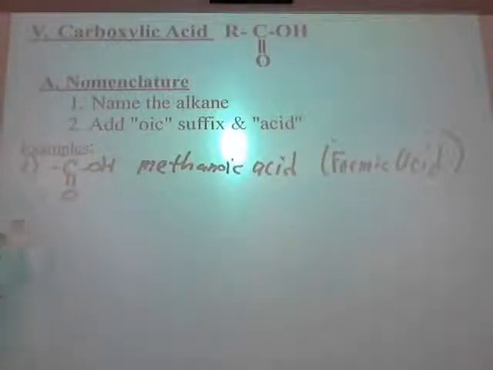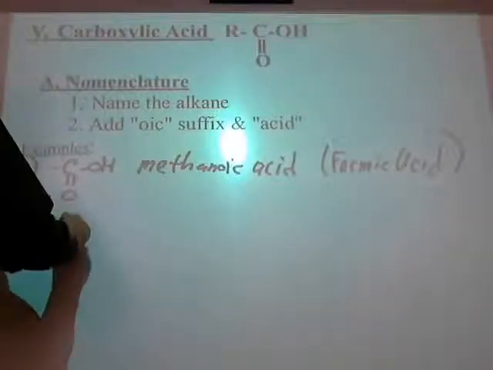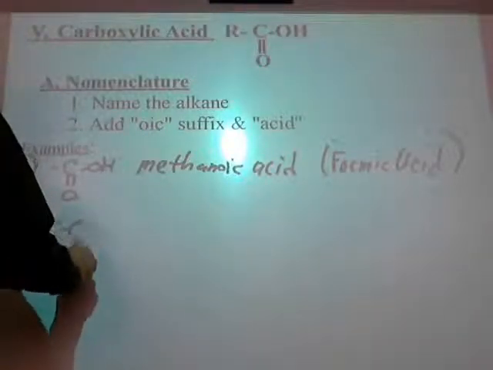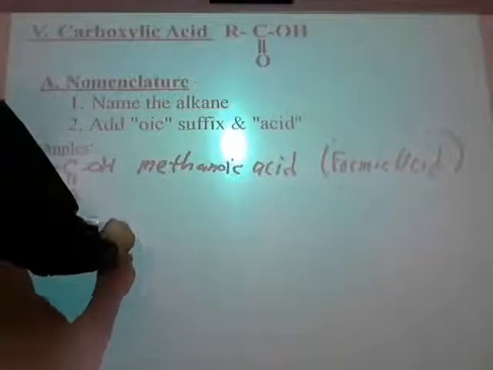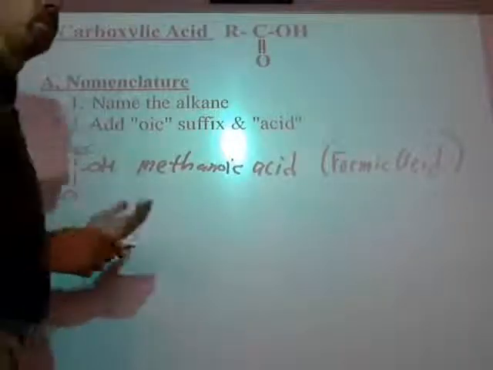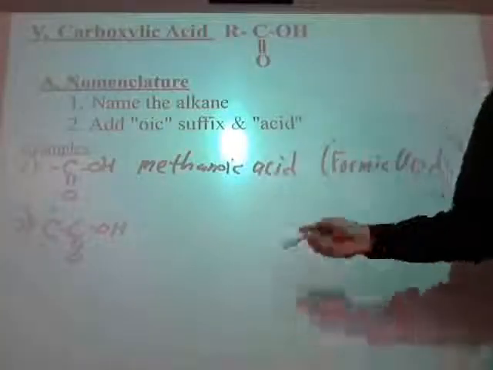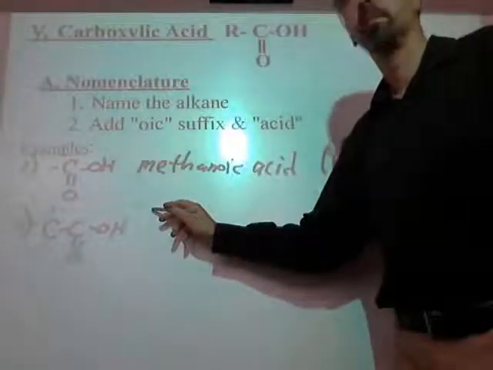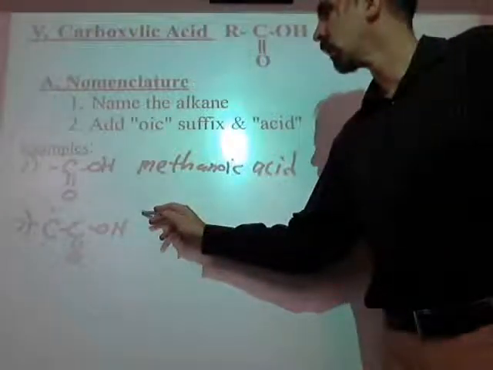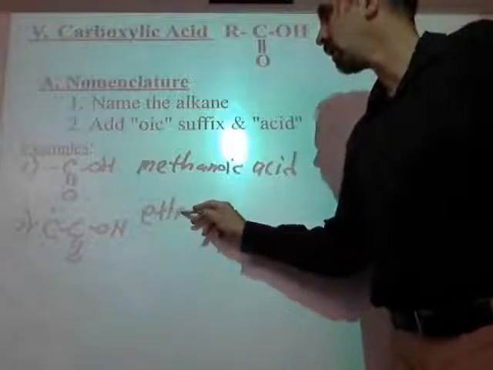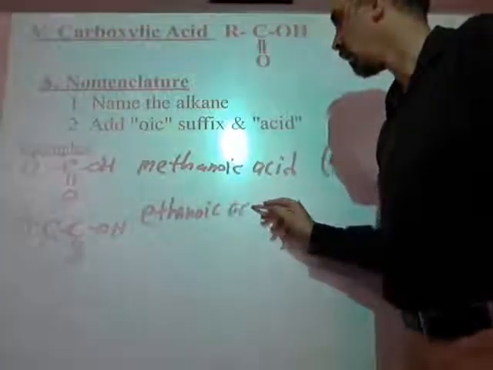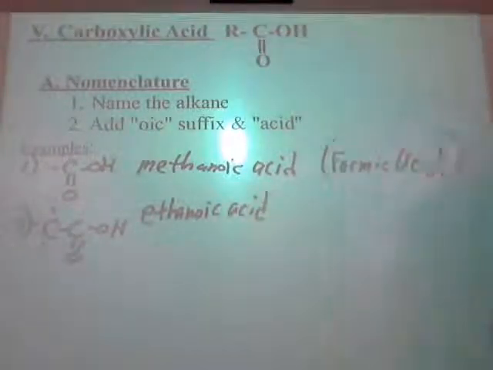All right, number two. This guy is even more familiar to you, okay? He is the guy with 2 carbons. And again, you could name this systematically. Now, what would you call him? Ethanoic acid. Right? Everybody would call it ethanoic acid.